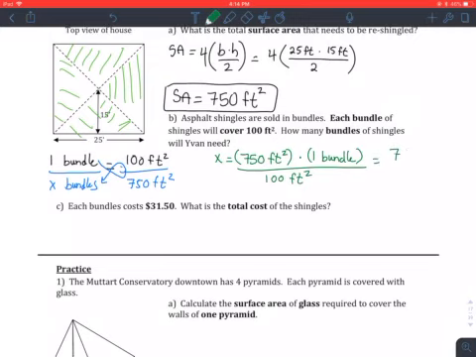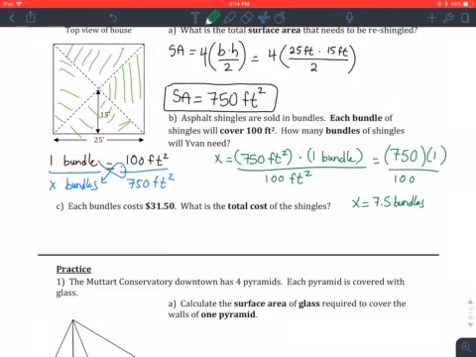Okay, so what that looks like is 750 times 1 divided by 100. Okay, and in the end, we end up finding that it ends up being 7.5 bundles.